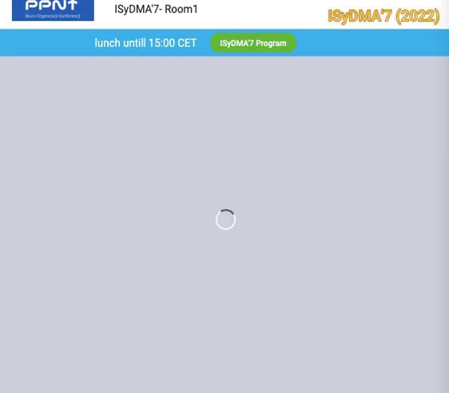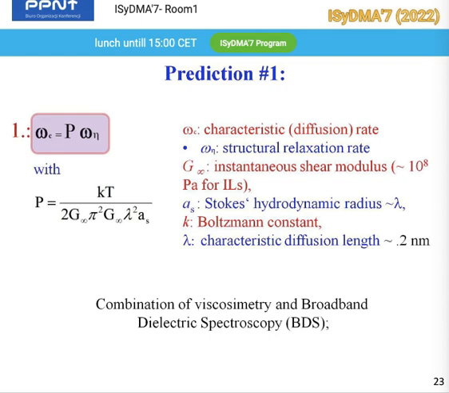Now I will focus on the first equation, and I just repeat this. This is an important prediction. Omega C is the characteristic diffusion rate, and omega eta is a structural relaxation rate as measured with mechanical spectroscopy. And this is just the constant of proportionality. Here we have, for instance, Stokes hydrodynamic radius, and for lambda a characteristic diffusion length. I will come back to these numbers a bit later.